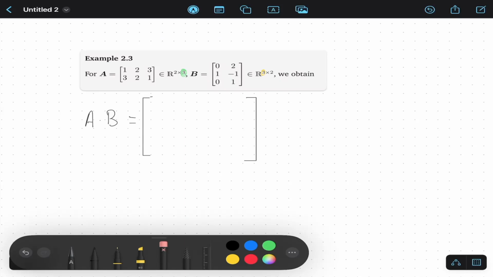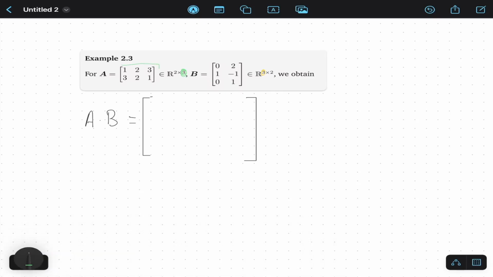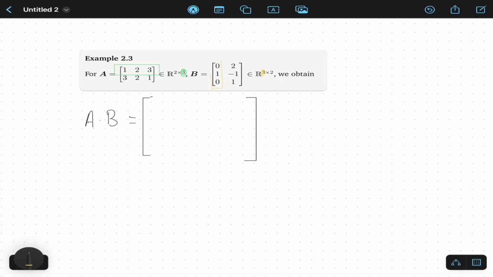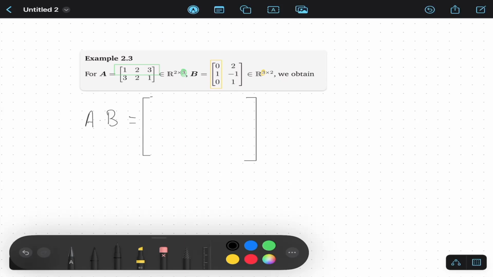So because it's the second one, the 3, this one has to go like that. So the green box has to be this one. And here the yellow box is the first number, which is the height. So we have to do this. Okay, this is how you actually do it. And then you do the calculation together.